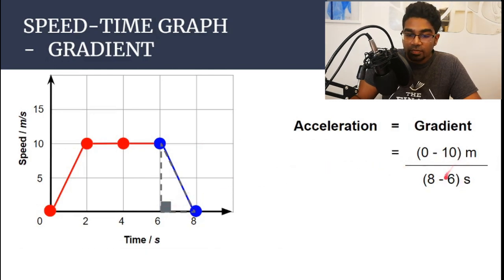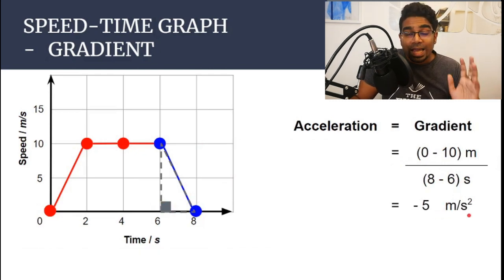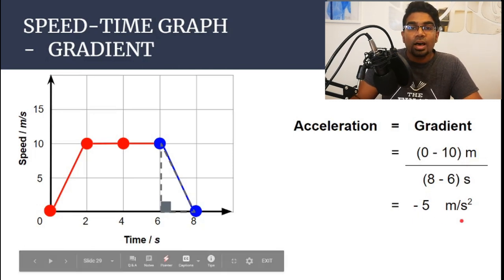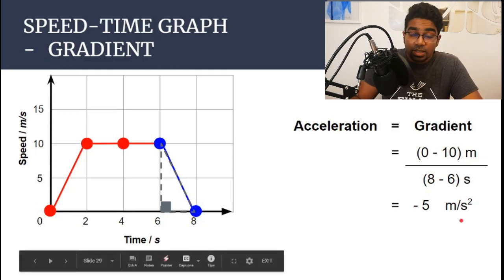So we have negative 10 over 2, which is negative 5 meter per second squared. So the acceleration here is negative. If the question asks you what is the acceleration of the object, the answer is negative 5 meter per second squared. However, if the question asks you what is the deceleration of the object, then the deceleration of the object is positive 5 meters per second squared.